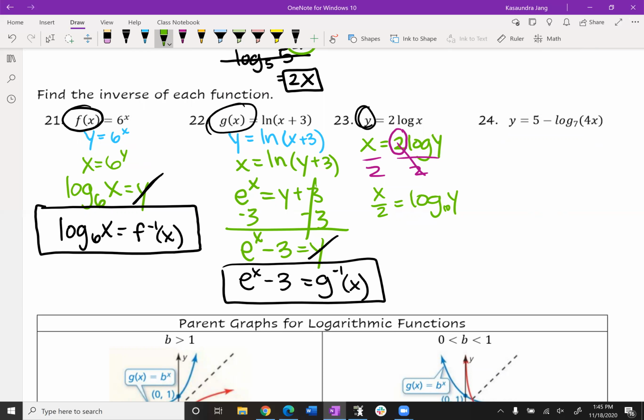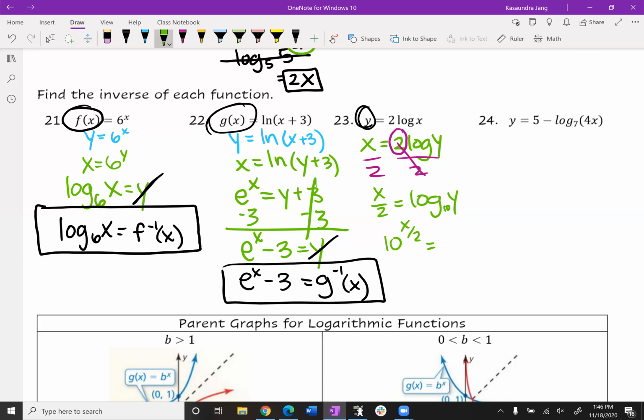So you're doing 10 raised to what's on the other side? X over 2. Yeah, so that x over 2 is the exponent. Equals, all right, what does it equal now? Y, nice. Which was kind of our whole goal. We were trying to solve for the y.